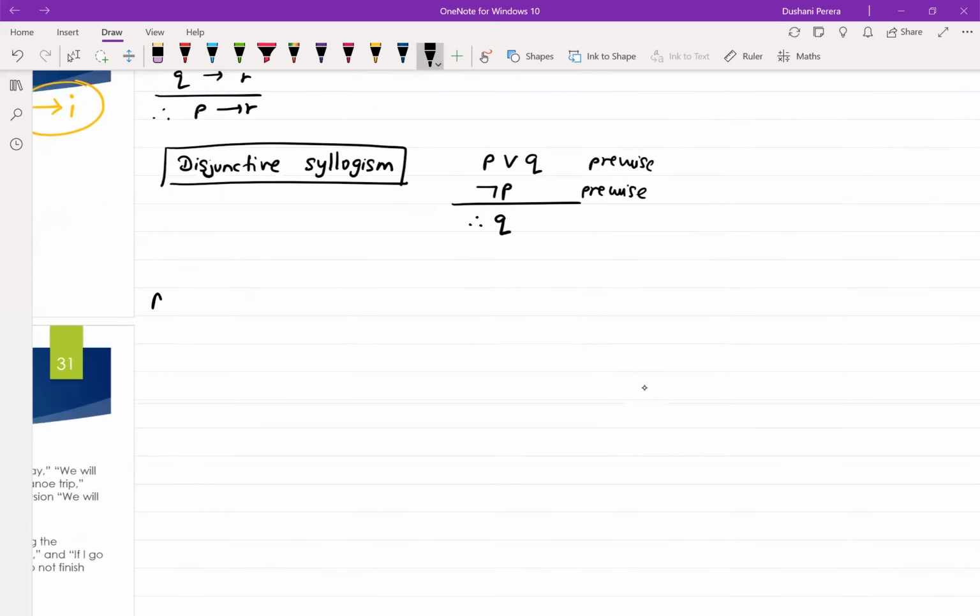Then you have something called addition. What is addition? If P is there, you just say, okay, P is true. That's all. This is a premise. P means P is true. So if that is the case, according to your context, you just add another guy into this.